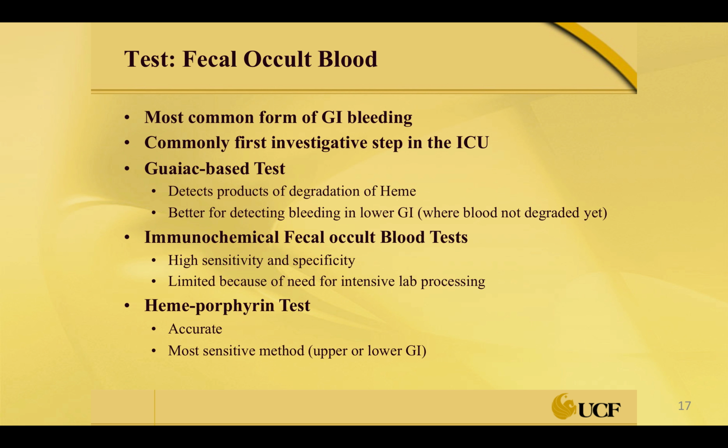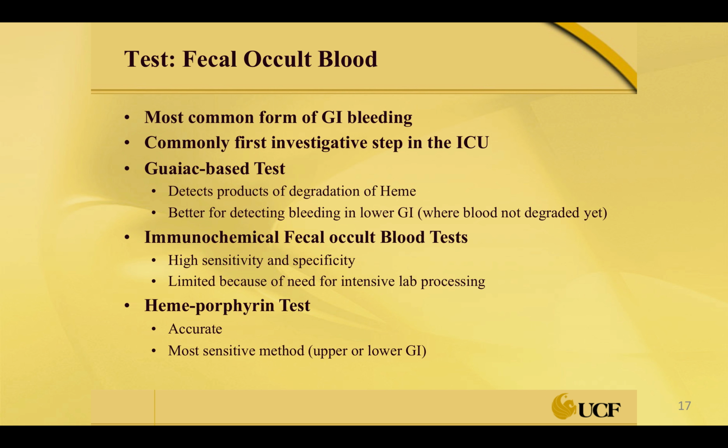So what are the tests that we have available to evaluate LGIB? The most common form of GI bleeding test is fecal occult blood. It is the most common first investigative step in the ICU. A guaiac-based test detects products of degradation of heme and is better for detecting bleeding in the lower GI, where the blood is not degraded yet.